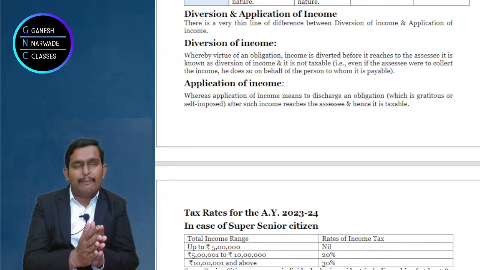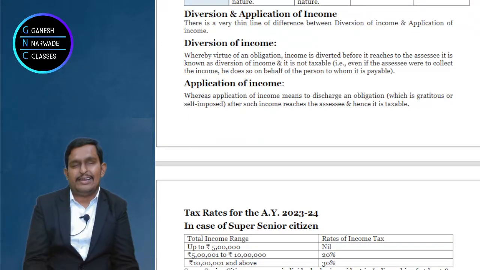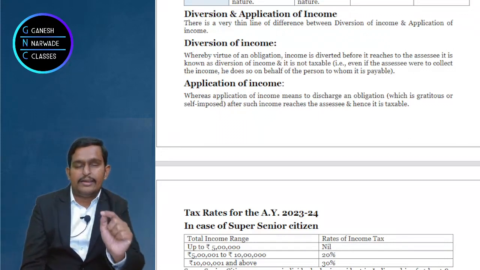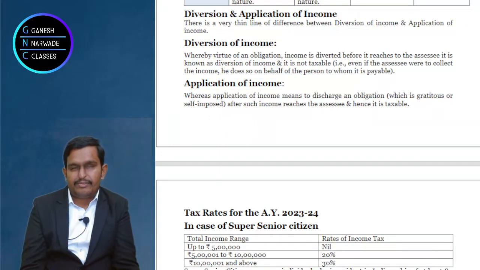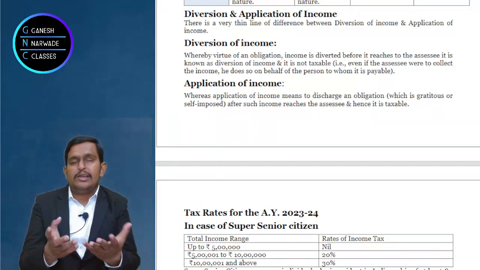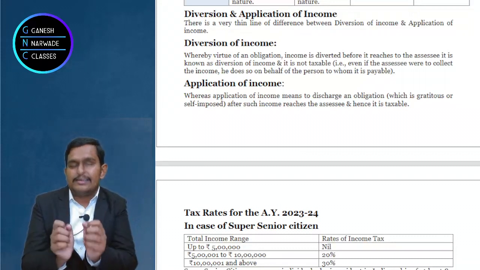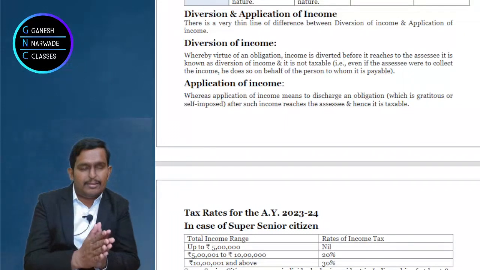The answer is absolutely no. Government will say, you have spent it, it's your choice, but we will tax the income because you earned it. Whatever the case may be, you earned it and it is taxable.